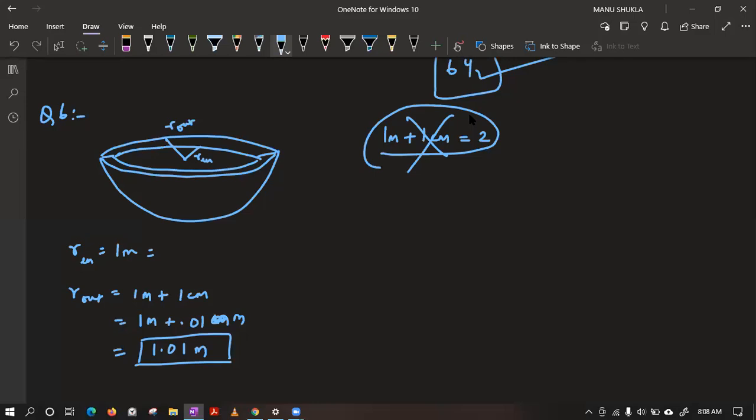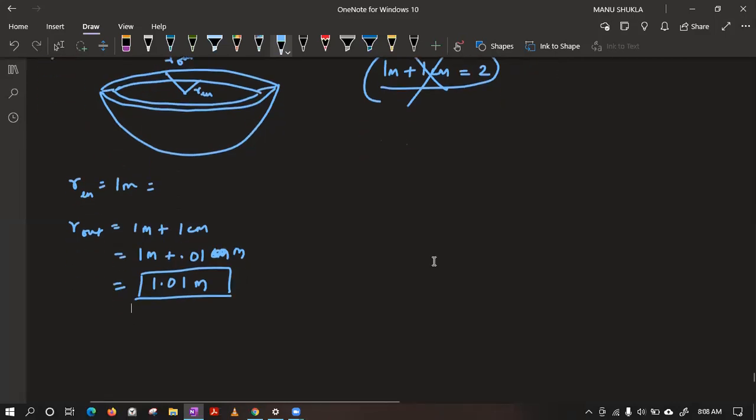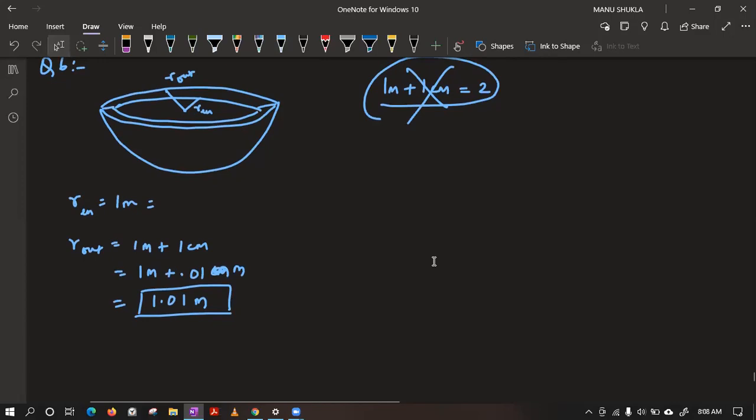Now what they are saying, question number 6: find the volume of iron used to make the tank. So we need to find the volume of iron which is used to make the tank. What should be the general statement, class? Please tell.